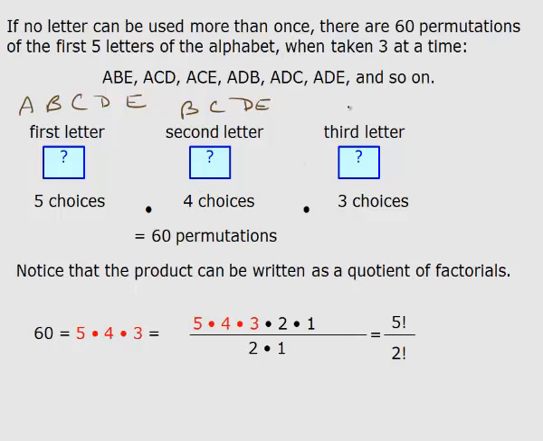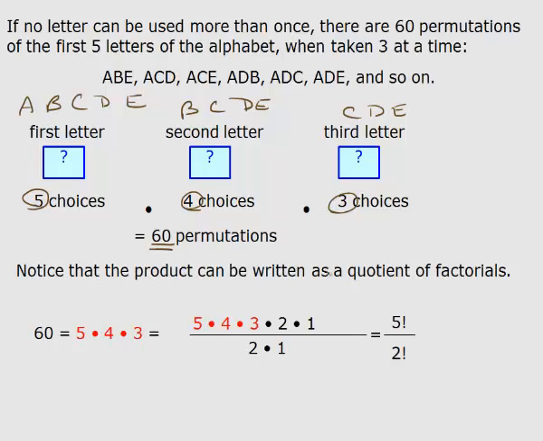And for our third, assume B was chosen. So we have C, D, and E, 3 choices. Now we're going to stop there. We only want 3 letters. But we want to know how many arrangements there can be. Well, it's 5 times 4 times 3, which is 60 permutations.